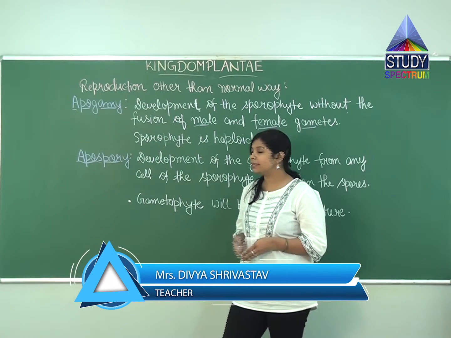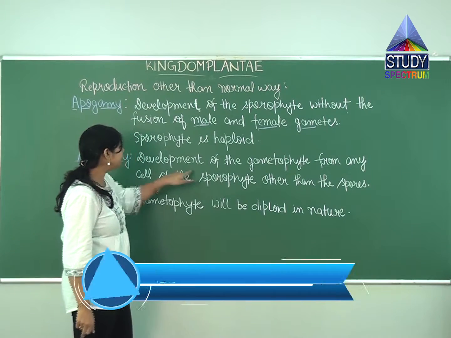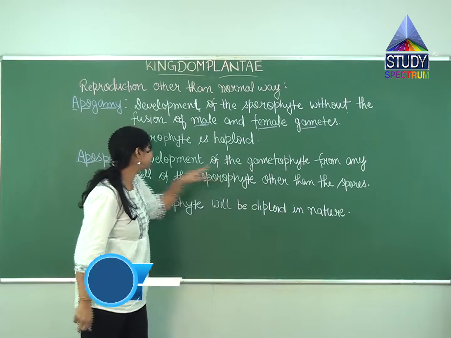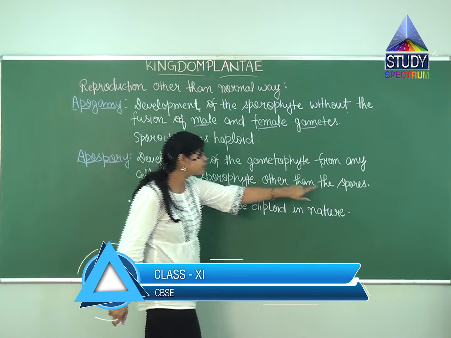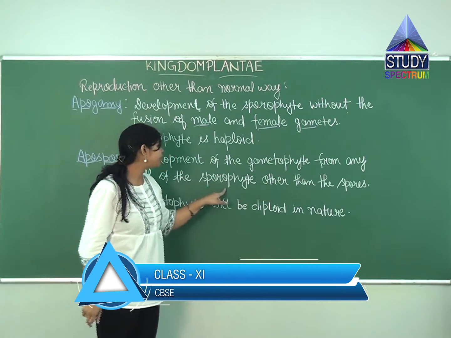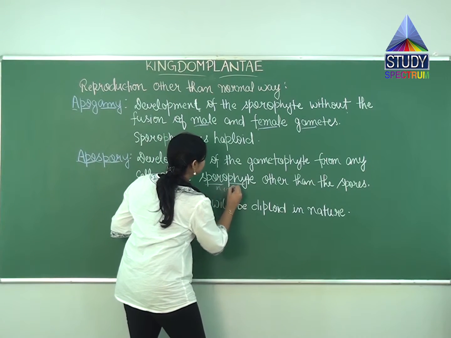Now the next method is apospory. So what happens in apospory? Development of the gametophyte from any cell of the sporophyte other than the spores. So what is this sporophyte? This is the mature plant.